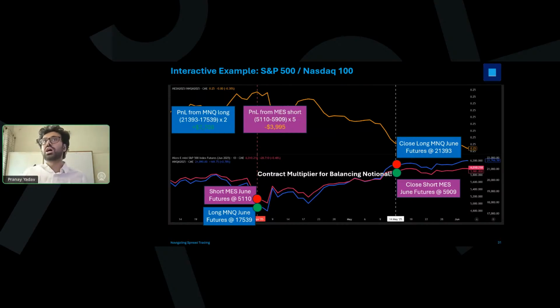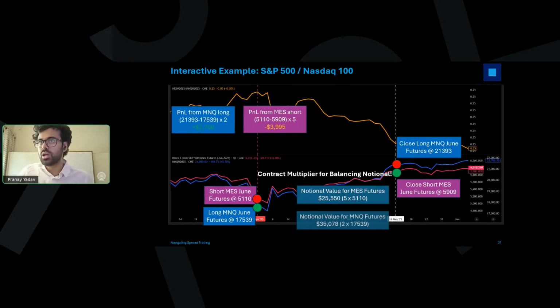But if we break this down a little bit further, we'll see that one of those positions actually had a notional value of 25,000, whereas the other position had a notional value of 35,000. In this case, it seems to have worked out for us, right? Because our long position, where we had a higher amount of exposure, was actually more profitable. It led to higher profits. That may not always be the case.